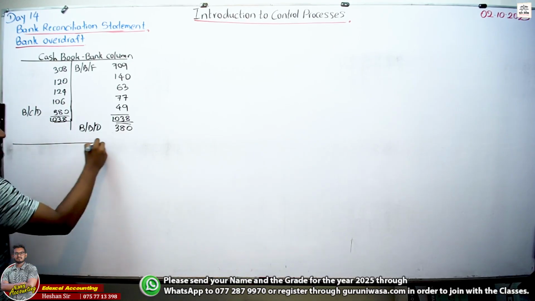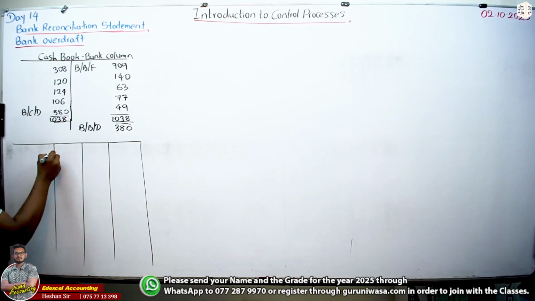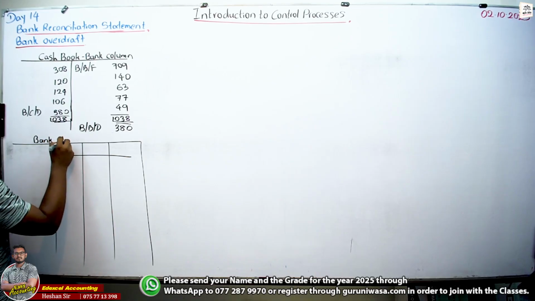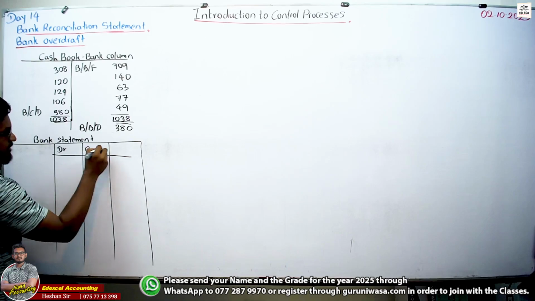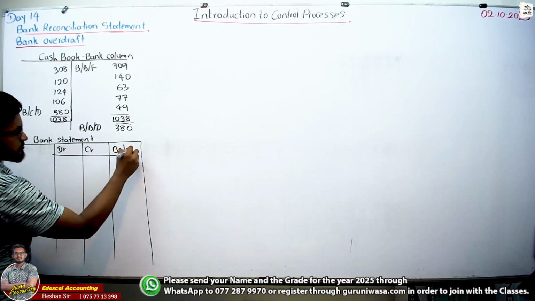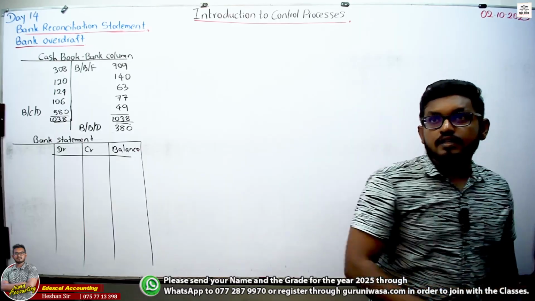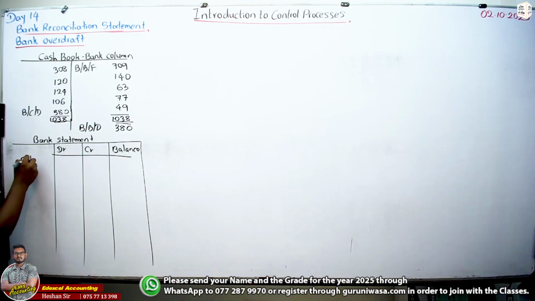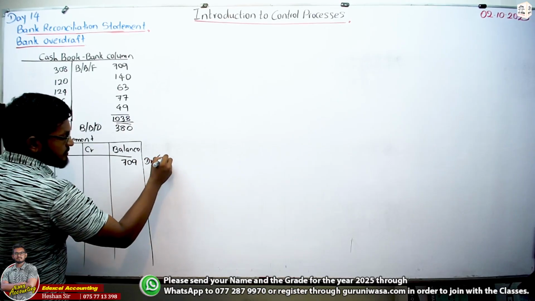Then in the bank statement, it appears like this. See the bank statement: debit, credit, the balance, right? In here, the balance is 709 debit, which means the overdraft.